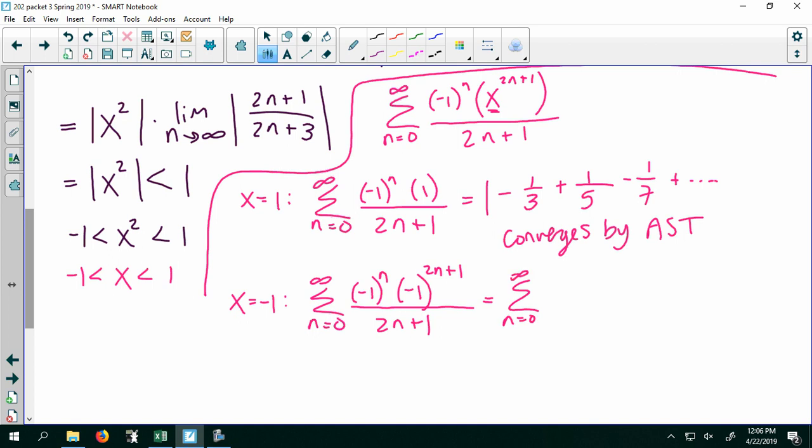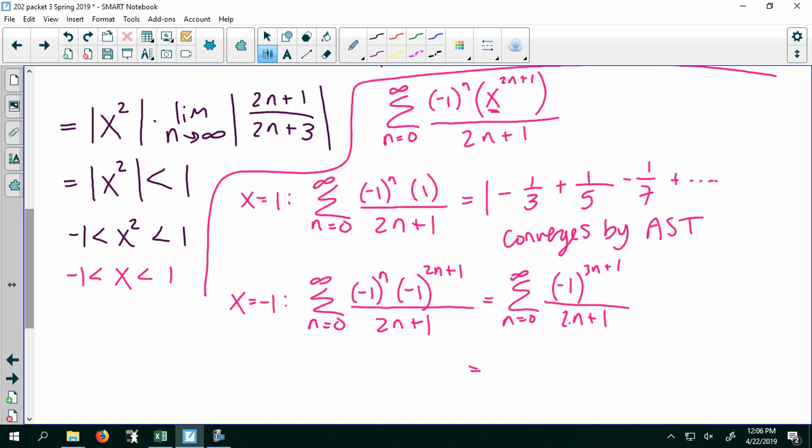In the numerator, I'm multiplying like bases, so I'm going to add the exponents. That becomes (-1)^(3n+1), because 2n+1 plus n is 3n+1, over 2n+1.